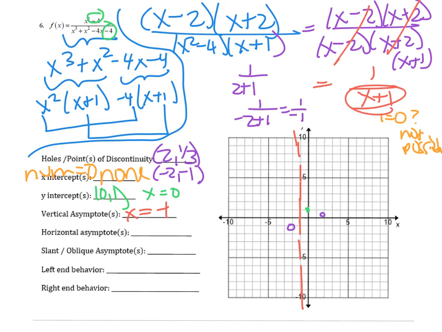I'm going to go back to the original for my horizontal asymptote, and if I look at all of this, my largest variable is x cubed. So you look at x cubed, and my coefficient for x cubed on top is 0. My coefficient for x cubed on bottom is 1. So 0 over 1 is 0. So you have a horizontal asymptote right here, and you have no slant asymptote.